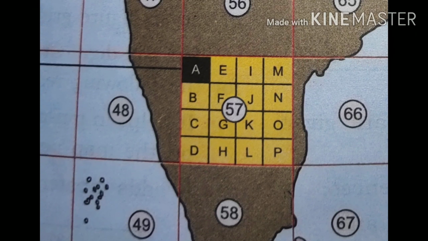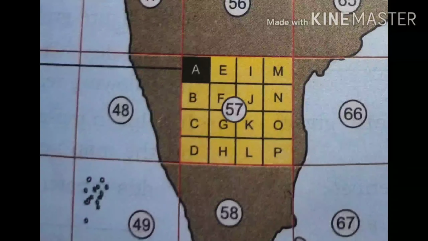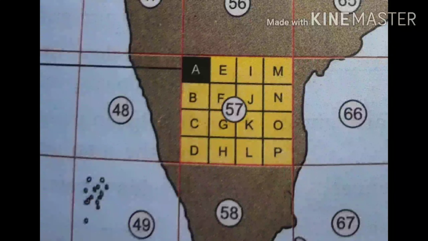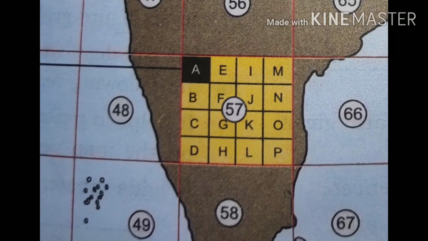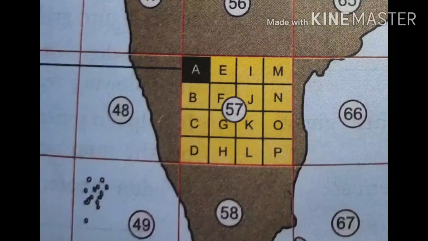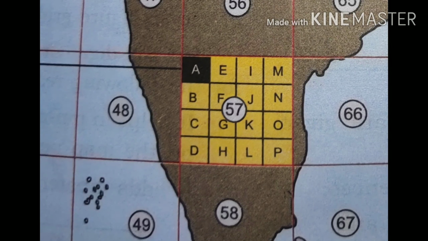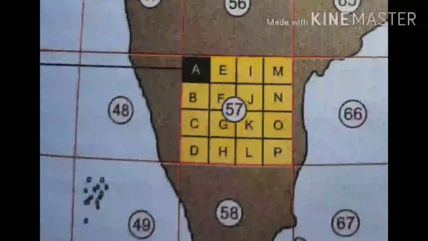Each one of the 137 maps was further divided into 16 more divisions, and they were given names A to P, and the scale of these maps was 1:250,000.